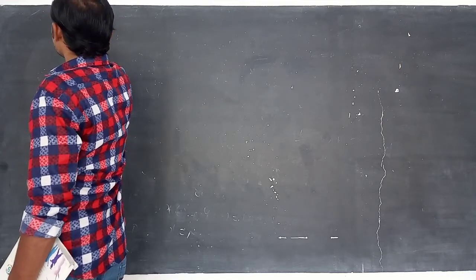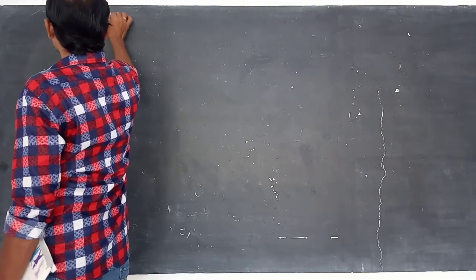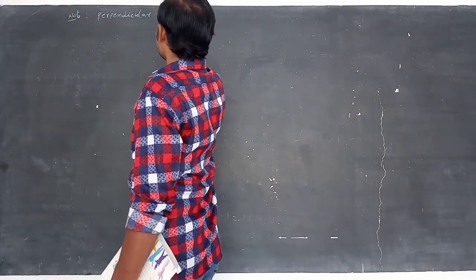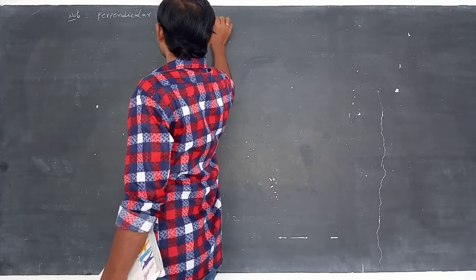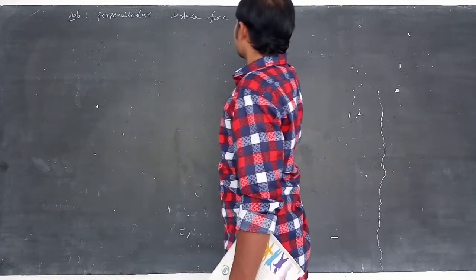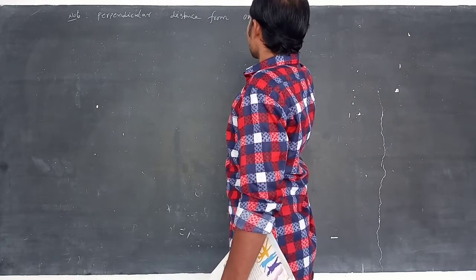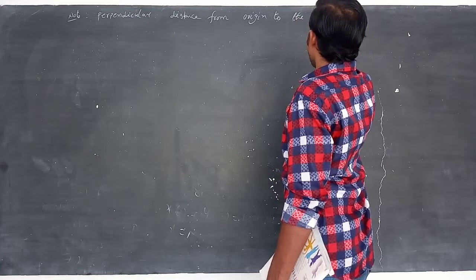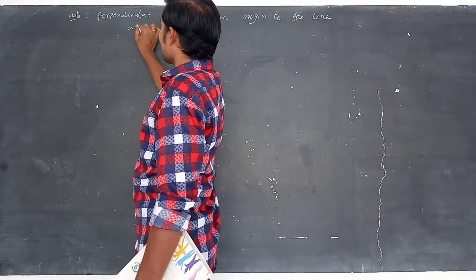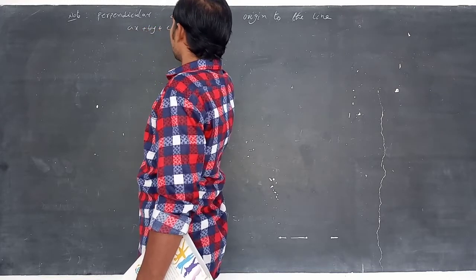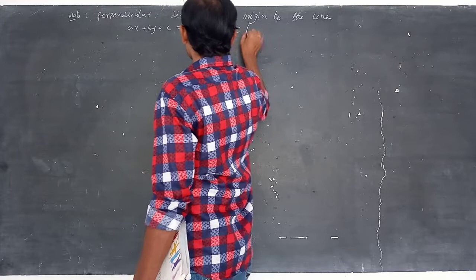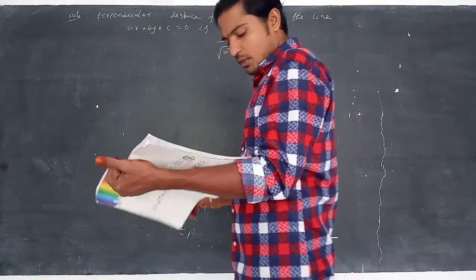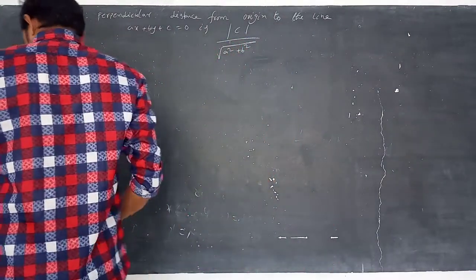Note: the perpendicular distance from the origin to the line ax plus by plus c equal to 0 is modulus of c by square root of a square plus b square. Right?